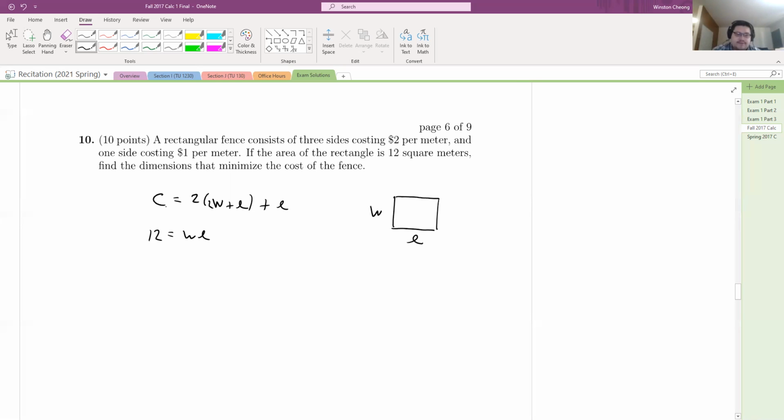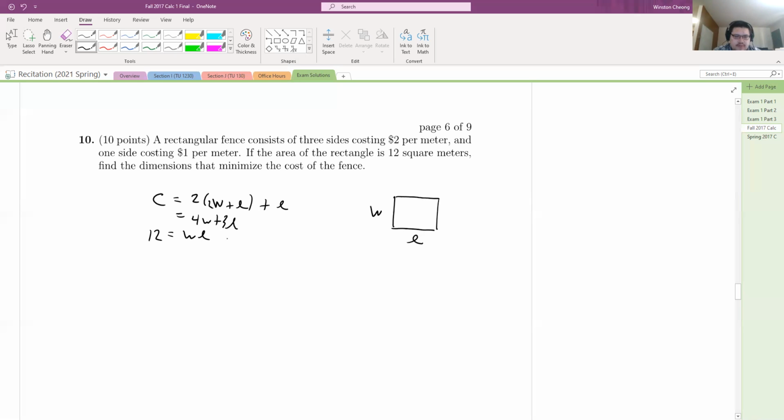So that's effectively saying that we're trying to optimize the cost function. Minimizing is a type of optimizing, and in order to do that, we're going to need to replace one of the variables. Before that, I'm going to expand this out to make it nicer. So 4W plus 3L.